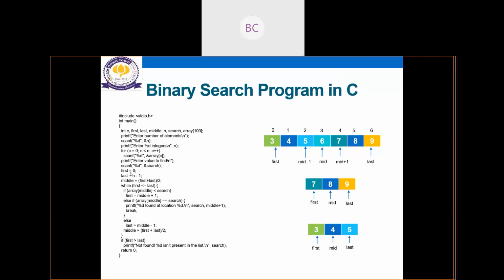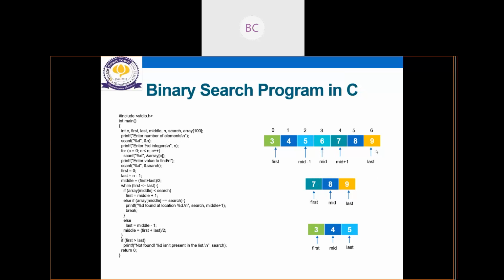Okay, anyways. So see here we have initialized first as 0. Correct? So in this if condition, if your search element is greater than your mid value 6, then you will set the first value again, because in this subarray your 7 will be the first.